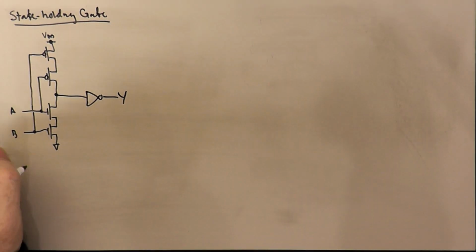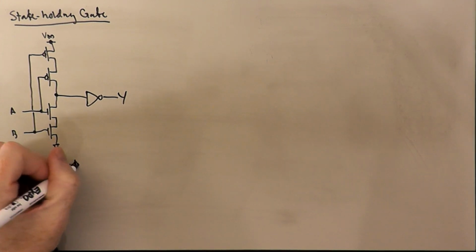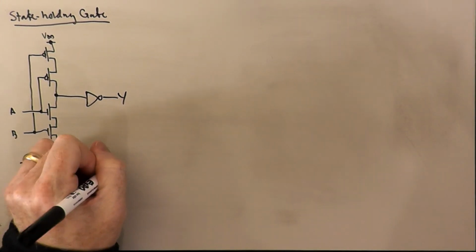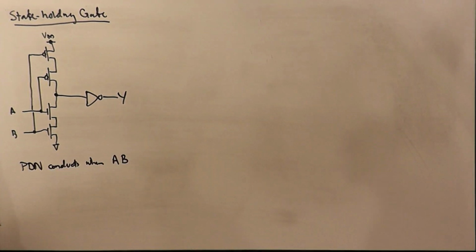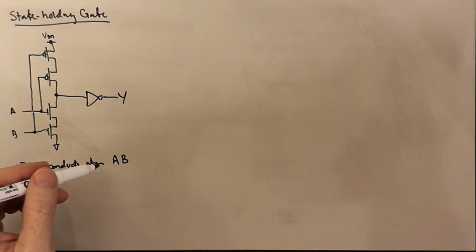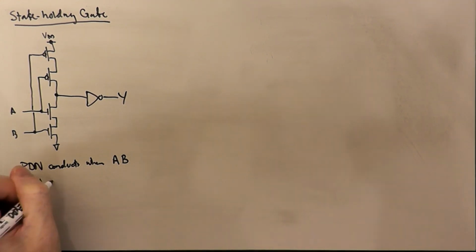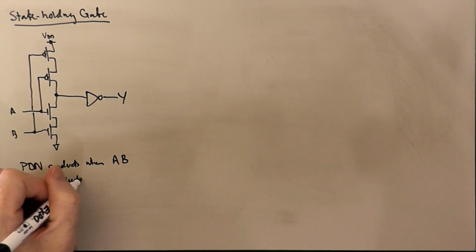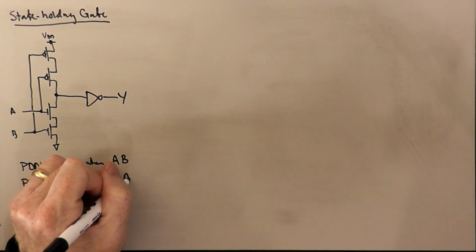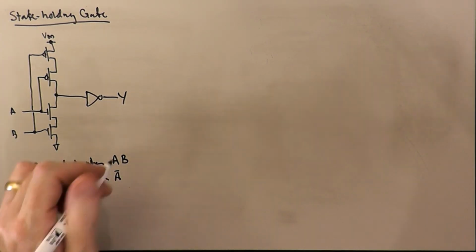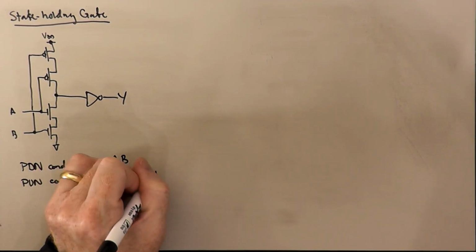So the conduction condition for the pull-down network is AB. The pull-up network conducts when not A and not B, which is equal to, by De Morgan's law, A NOR B.